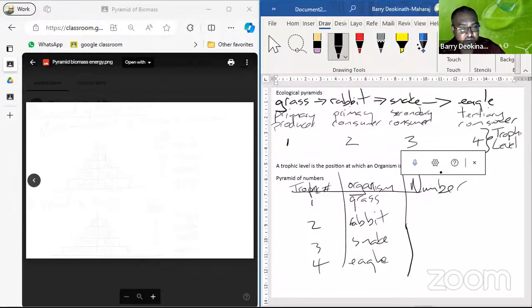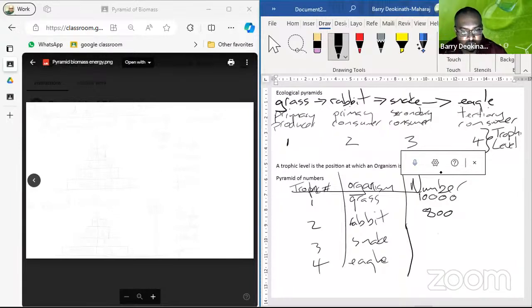We're using arbitrary numbers here, right? So if we have like 10,000 grass, we're looking at individual plants, right? Rabbits, how many rabbits could we average? Say about 800, because it's a big area.